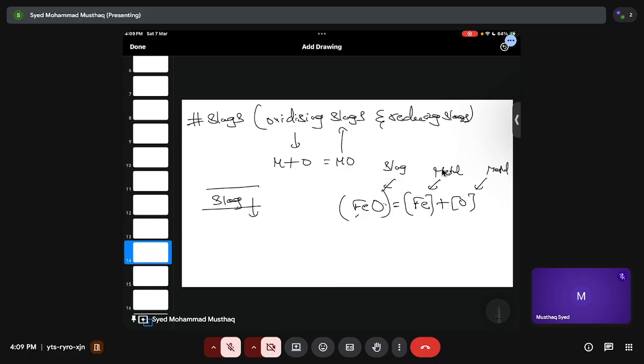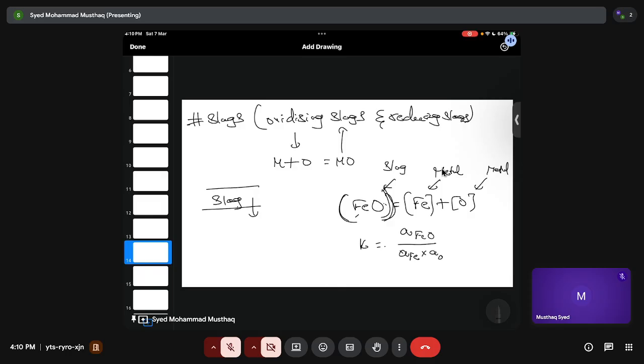Now if I write this equation, the equilibrium constant will be the activity of FeO divided by the activity of Fe times the activity of oxygen.